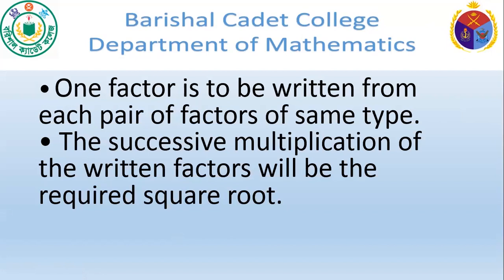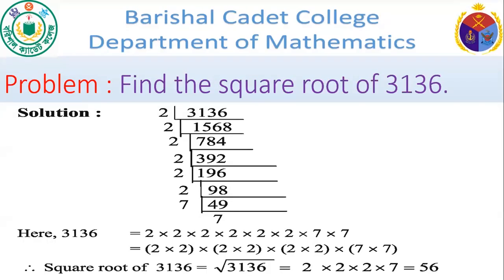So, dear cadets, this is what we have already done when we found the square root of 36 and 16. This way, you can learn how to find the square root of any number with the help of prime factorization.